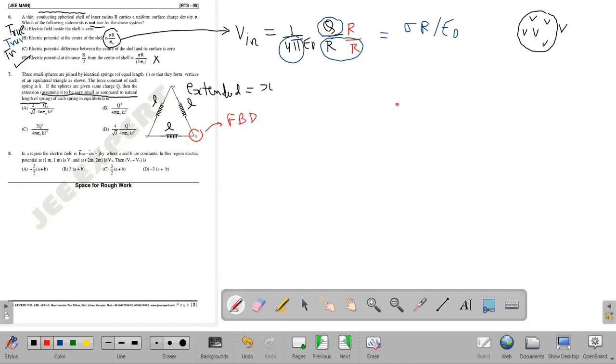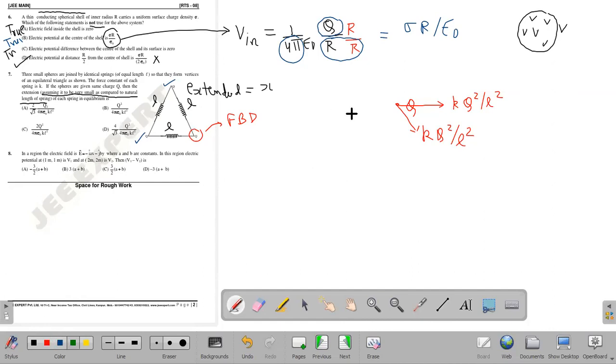This charge will be repelled by the remaining two charges along the sides of the triangle, and those repelling forces will be the Coulombic forces kq square divided by L square, and another repelling force on this charge will be kq square by L square. These two repelling forces are coming from the remaining two charges.